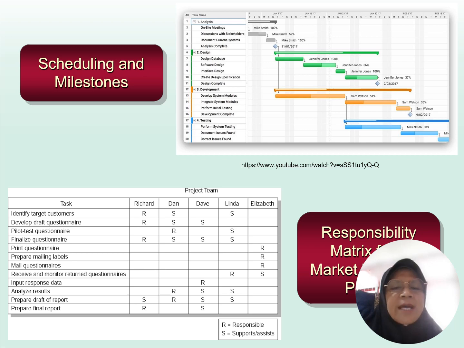We identify the tasks and the personnel who are responsible, what they are responsible for, and the role, whether support only or full responsibility. And these are associated with this Gantt chart, so that the objective of project management is to make sure the deliverables can be achieved within a specified time. So that's why the responsibility matrix is very important. It must be associated with the Gantt chart.